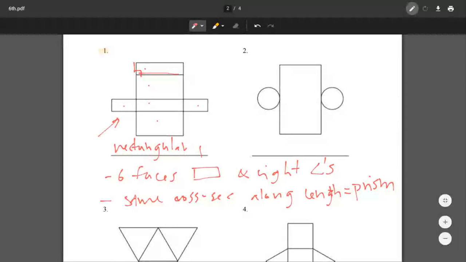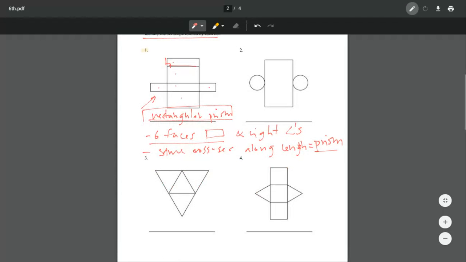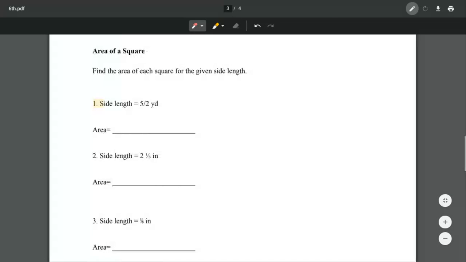So it has 6 faces that are rectangles and it is a prism, so we figured out that it is a rectangular prism. So hopefully this isn't too challenging for you guys. Just finish this page, and we are going to move on to our next page.